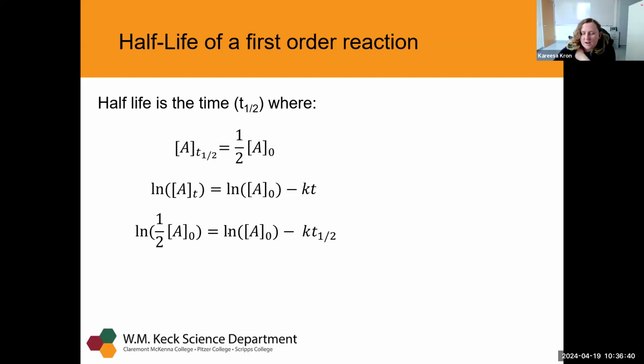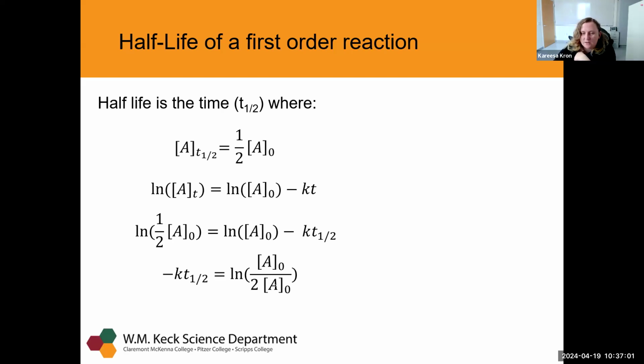And so I can subtract the natural log of the initial concentration from both sides, and I end up with negative k t of 1/2 is equal to the natural log of 1/2 times the initial concentration over the initial concentration, because when I subtract, it ends up in division.